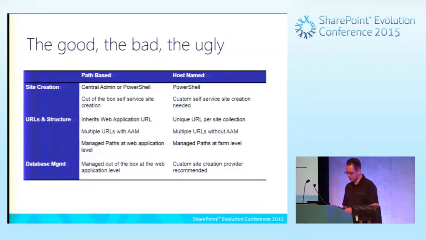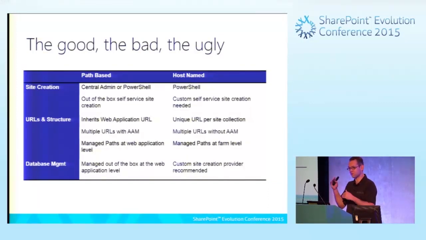If we create managed paths, because that is still possible, we have to create them at the farm level. Traditionally, if you created a managed path, it was a managed path tied to a web application. You said new SP managed path, and then you chose a web application, and that managed path, like, for example, sites or personal or projects or whatever, was tied to that specific web application. With hostname site collections, you can only create managed paths at the farm level.